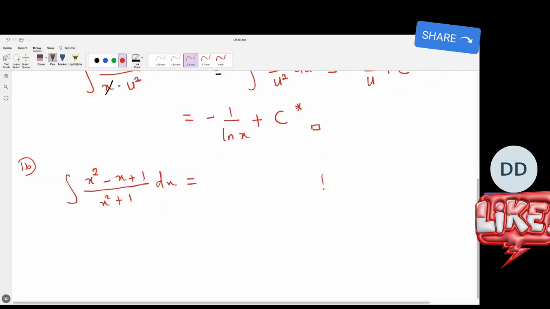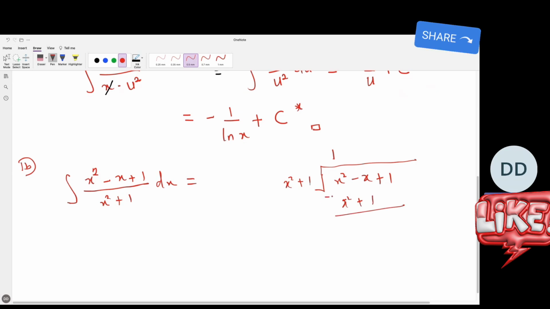You remember your division. Let's say we'll divide. And you have x squared plus 1 here, x squared minus x plus 1. Right. So this is 1, right? And this is x squared plus 1.